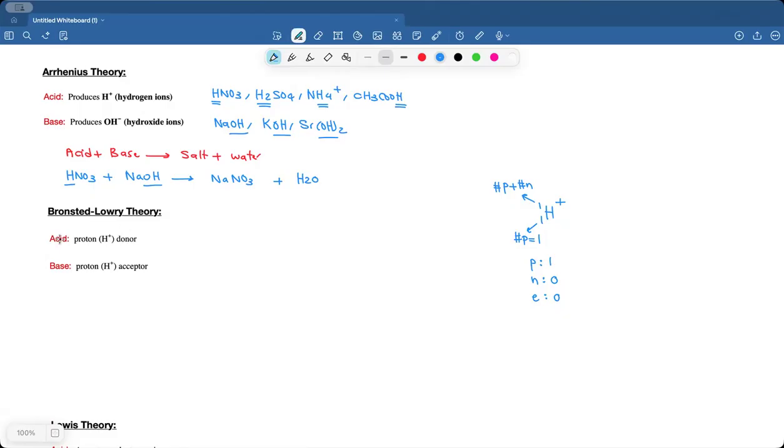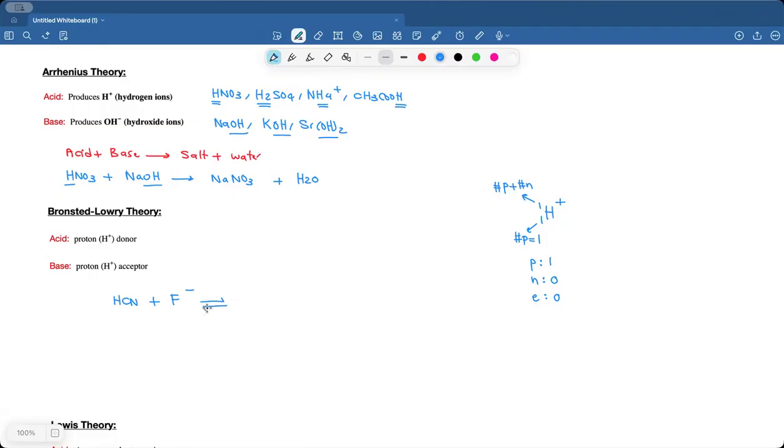Based on this definition, an acid is one that gives away the proton, and a base is one that accepts the proton. This definition goes together, so they always react together. Let's say I have an acid like HCN and a base like F-. HCN has the proton, so it can give its proton to F-, which doesn't have one.